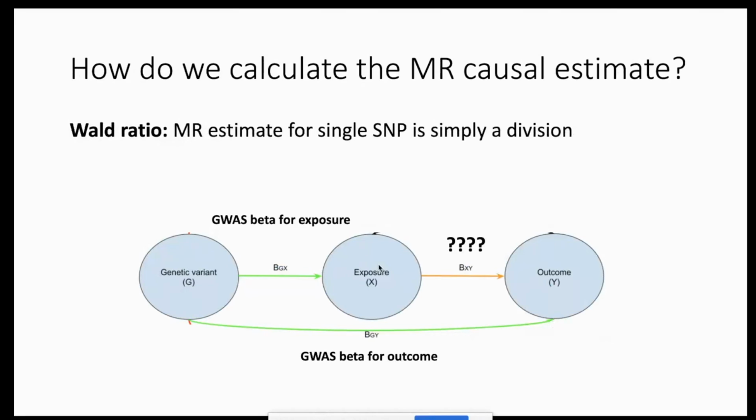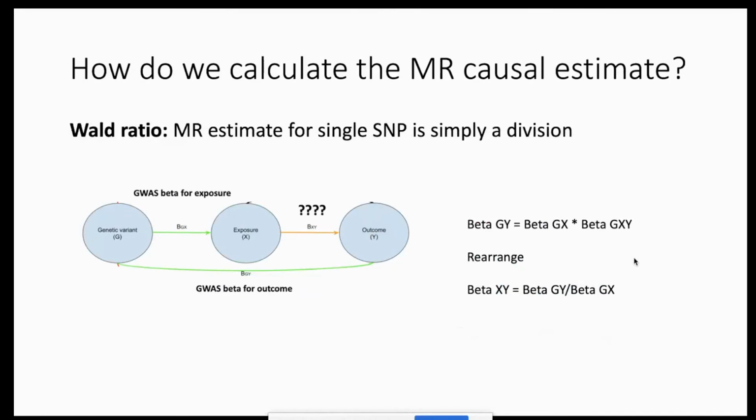So how do we calculate the beta XY, so the association between the exposure and the outcome, or the MR causal estimate? So we do this using the Wald ratio. And this is simply a division. So what we do is we get the beta regression estimate from the genome-wide association for the exposure.